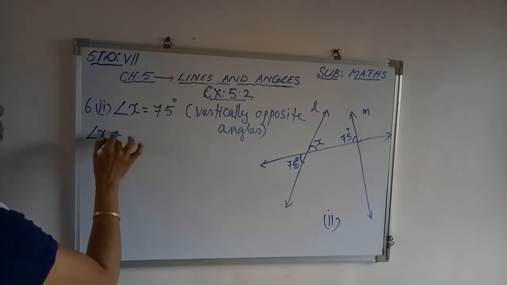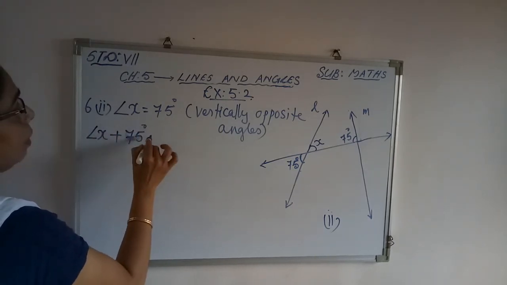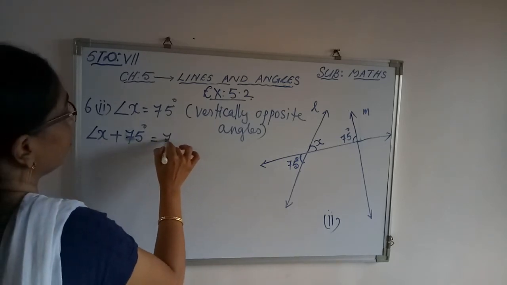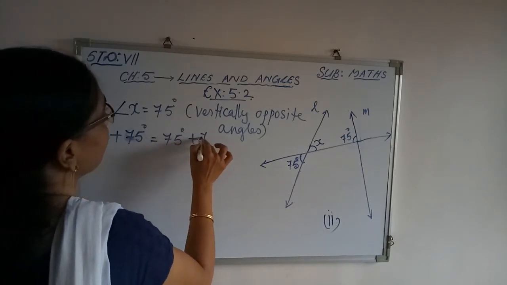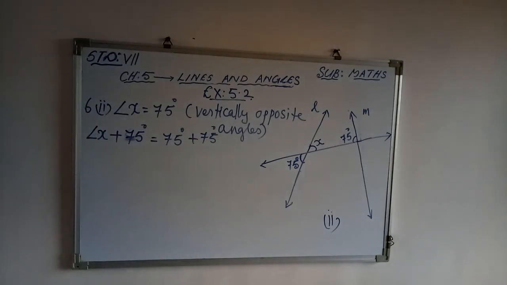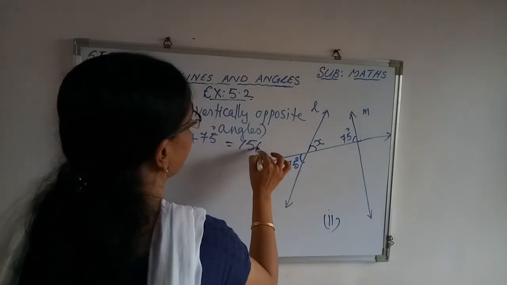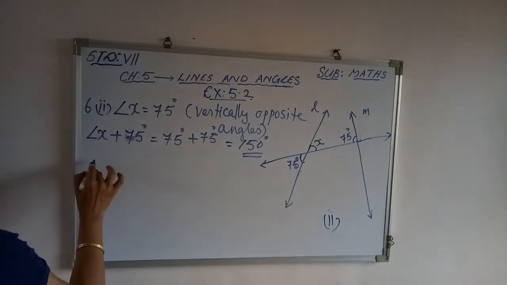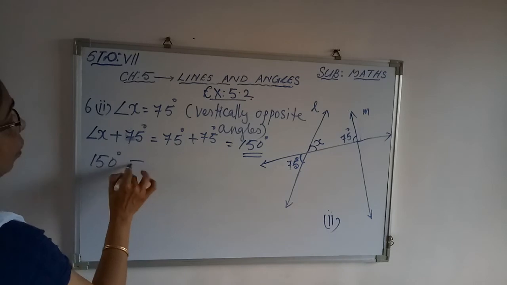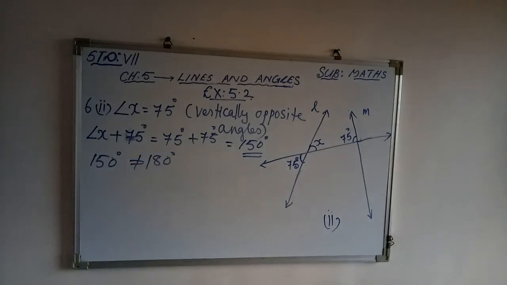Angle X plus 75 degree is equal to 75 degree plus 75 degree, isn't it? That's equal to how much? 150 degree. That is 150 degree not equal to 180 degree.